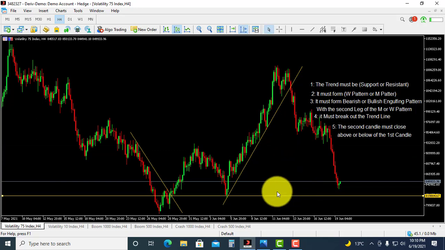But always you have to know when you are in profit, and then you must bring your stop loss closer. Always there is opportunity in this market. You don't have to put all your eggs in one basket. What you need is to trade wisely. Don't risk all your account, don't risk all your capital.